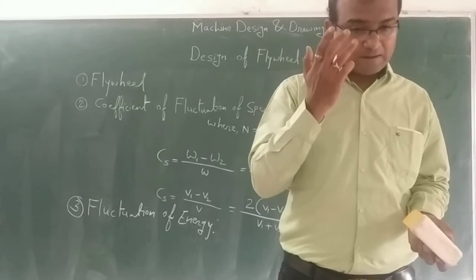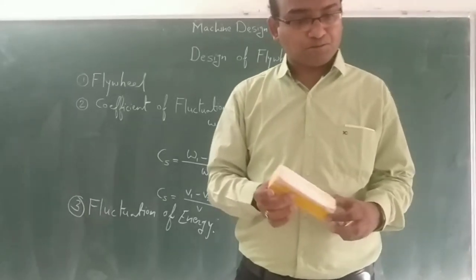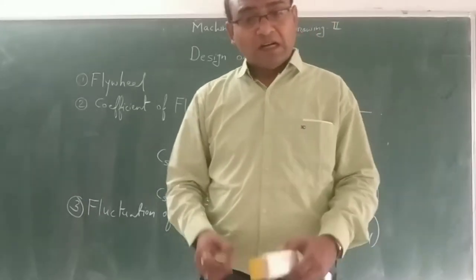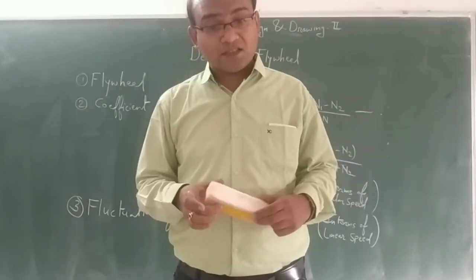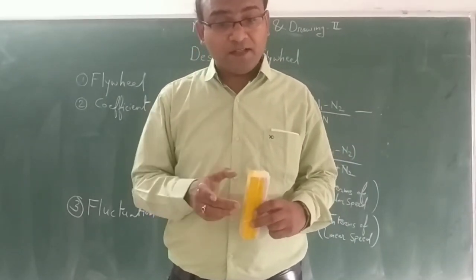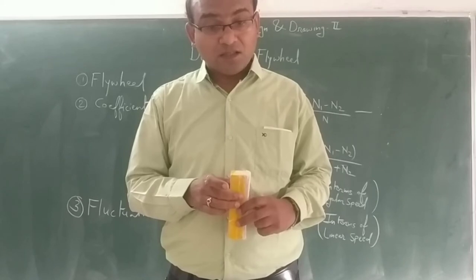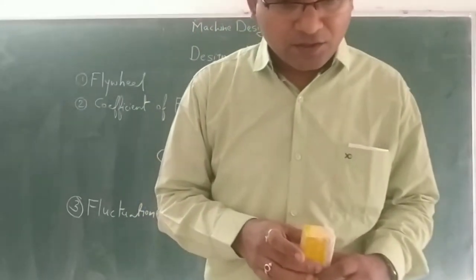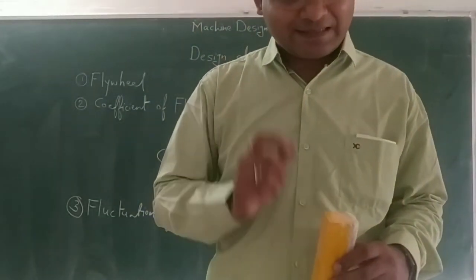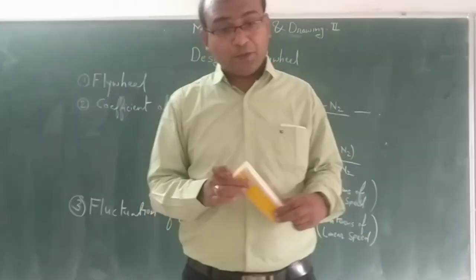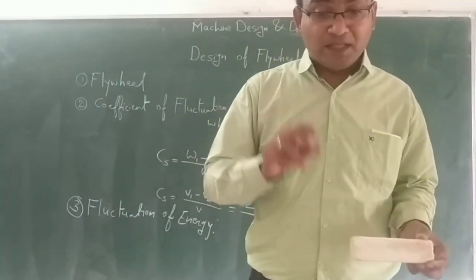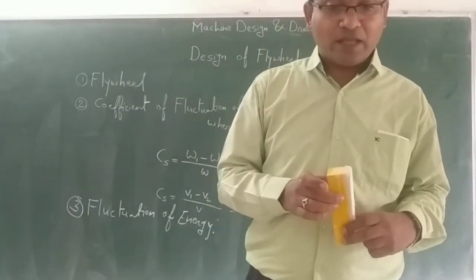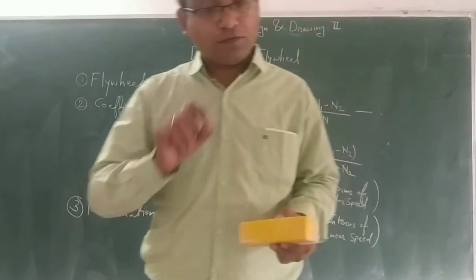Okay. Then after this turning moment diagram, a little consideration will show that the engine has a maximum speed either at Q or at S, and the difference between the maximum and minimum energies is known as the maximum fluctuation of energy.